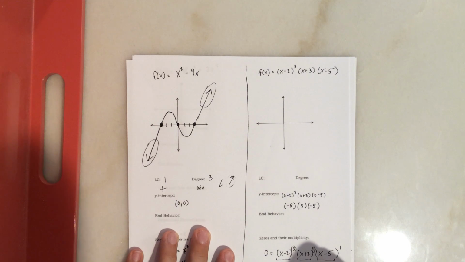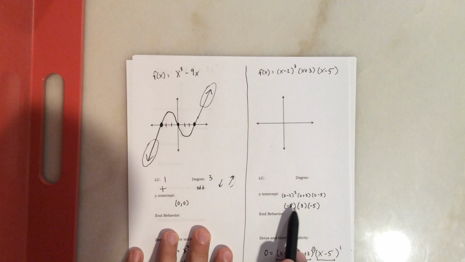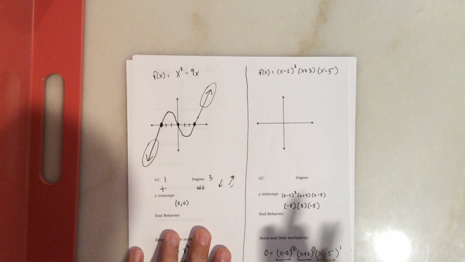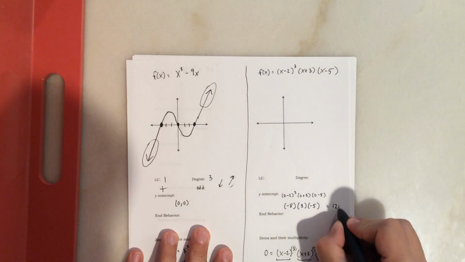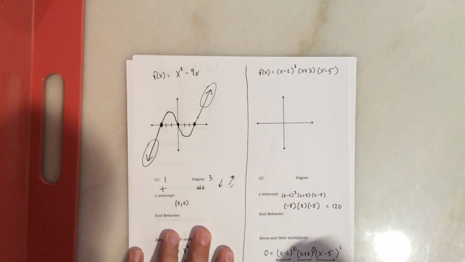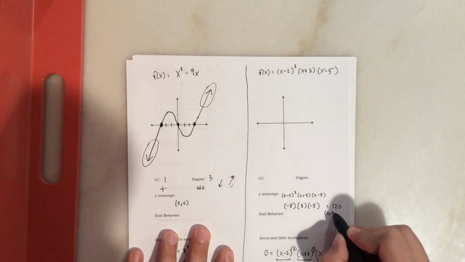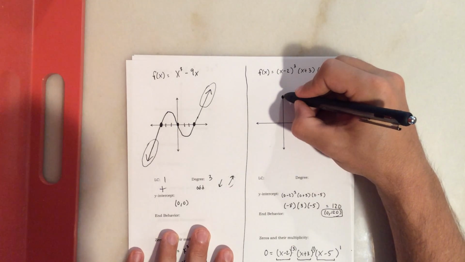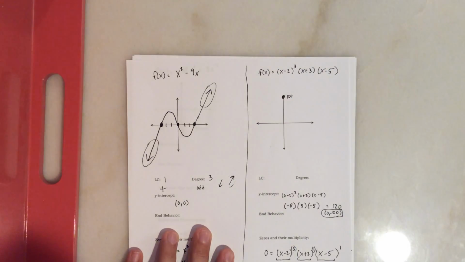Negative 8 times 3 times negative 5. Well, negative 8 times negative 5 is positive 40. And 40 times 3 is 120. So this is a y-intercept at the point 0, 120, which is way up here at 120.